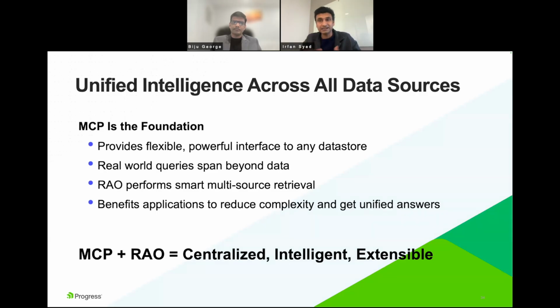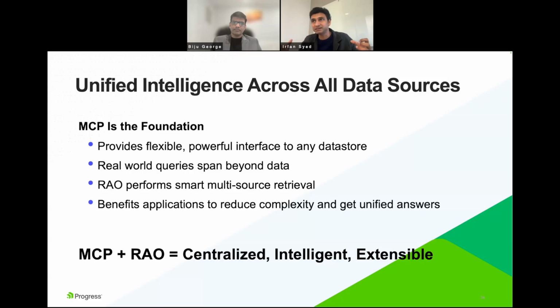Overall, from the entire presentation and introducing the agentic solution using RAU, what we're trying to say is that unified intelligence across all data sources is possible. Number one, take MCP as your foundation. If you want to build your solutions on top of MCP, it provides you a flexible, powerful interface for any data source. It can help you run real-world queries that span beyond data.